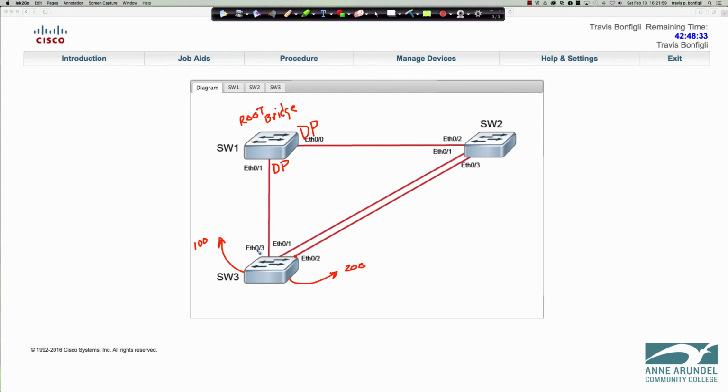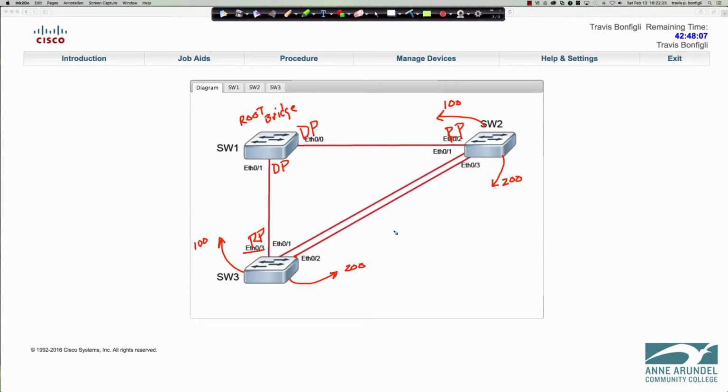So where is his root port going to be? Exactly, his root port will be Ethernet 03. On switch 2, very simple. The cost to go that way from switch 2 is 100. To go the other way, the cost is 200. So this is the root port.